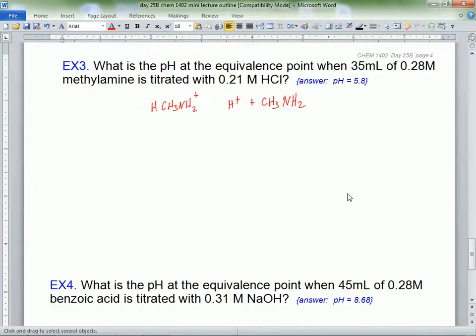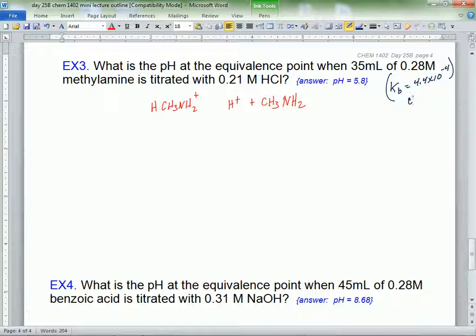Let me write that down somewhere, for methylamine. That way you don't need the table.